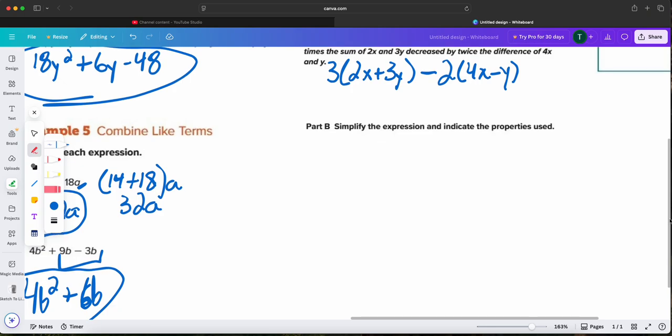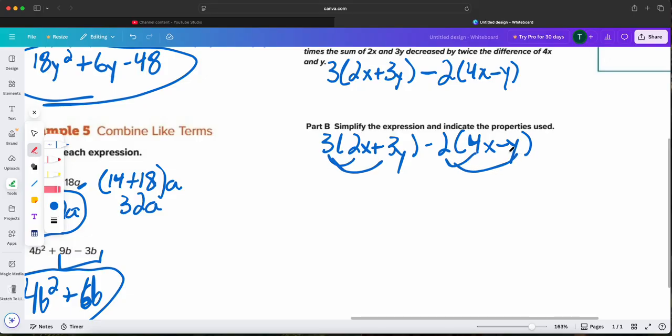Now it does want us to say what properties are being used where. So I'll go ahead and rewrite the original expression. So the first thing I'd want to do is go ahead and do my distribution.